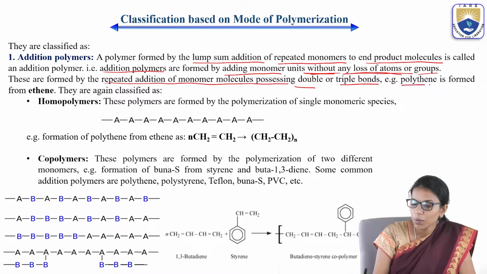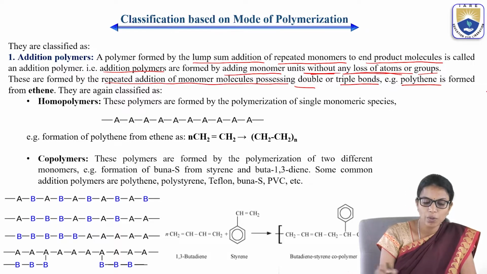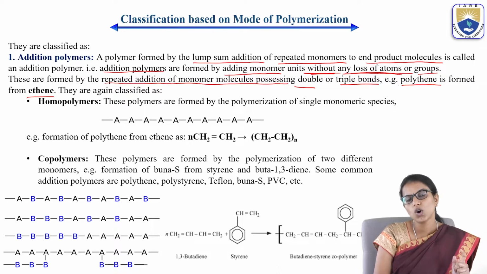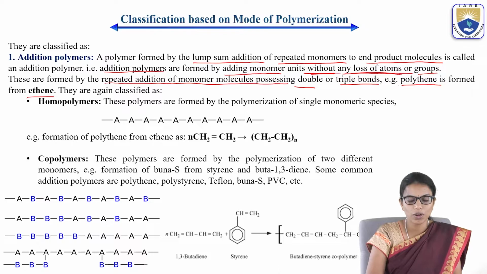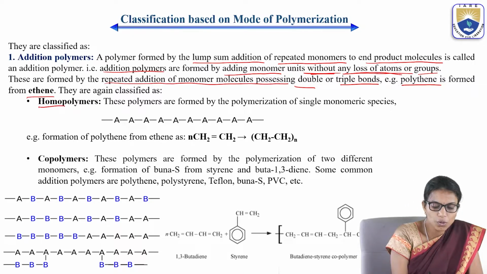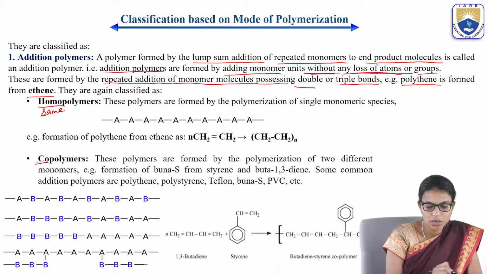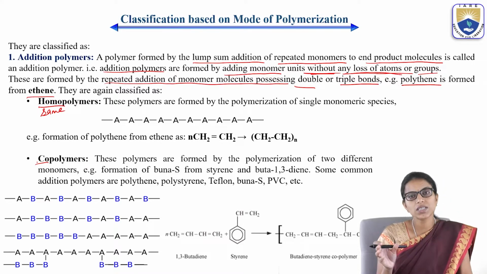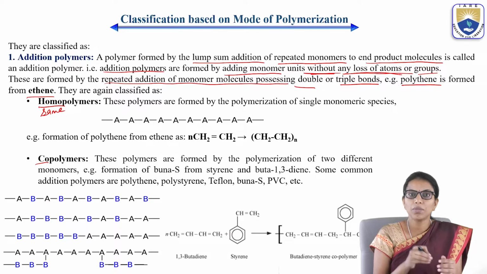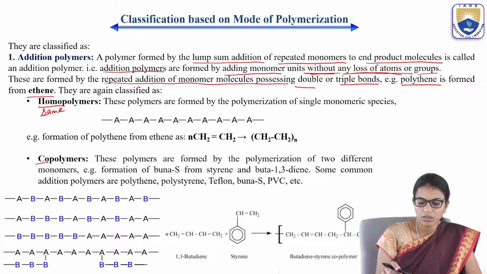For example, polyethylene is formed by the ethene. These are again classified as a homopolymer and a copolymer. Homo means same, co means different. So, if the same type of monomer is combined or joined together, it will form the polymer which is known as a homopolymer.